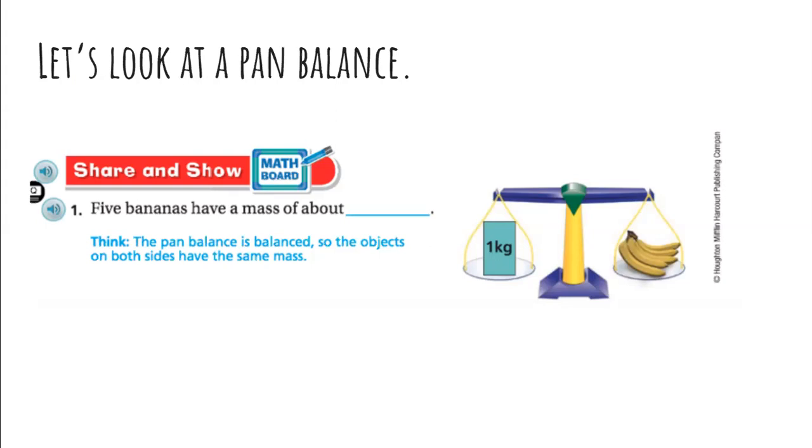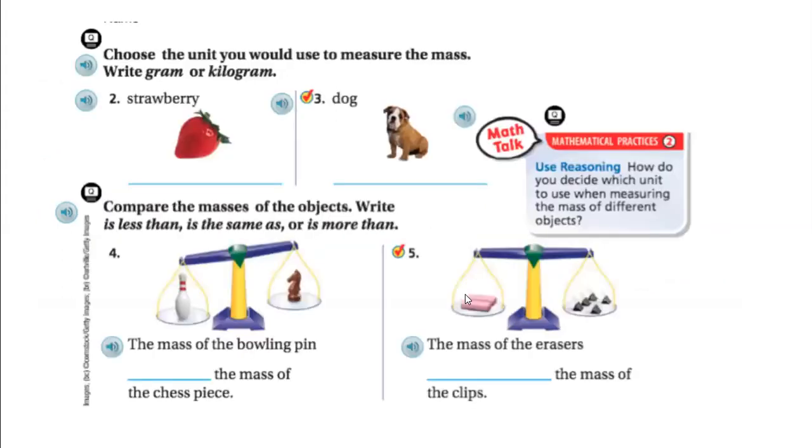So I notice that the scales are both equal in the pan balance. So I know that 5 bananas would have a mass of about 1 kilogram. And again, this sheet is on your activity sheet that is in your Wednesday folder in math.